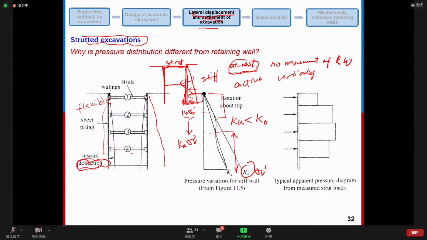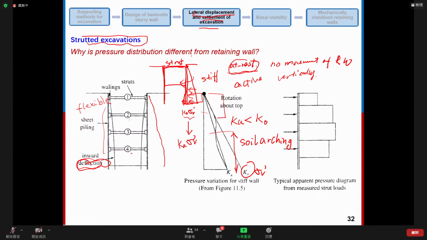For this kind of pressure distribution change with the deflection of the retaining wall, we call this effect soil arching. So right now you can know if we consider the stress and the deflection of the retaining wall, the earth pressure behind the retaining wall is going to be very complicated.